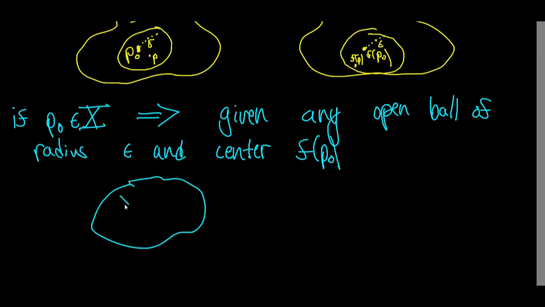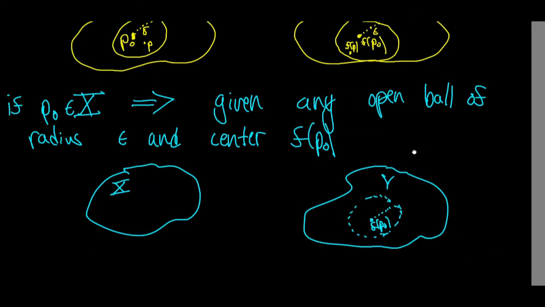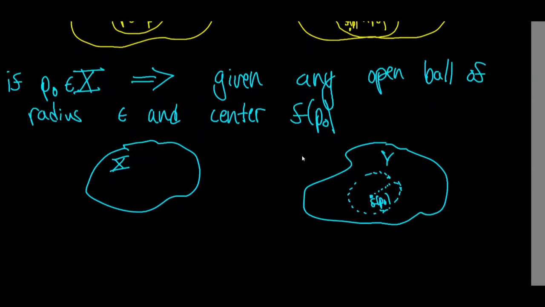So here's our x, this is our domain of f, and here's our y, our codomain of f. And so given any open ball of radius epsilon and center f of p naught, there exists an open ball.